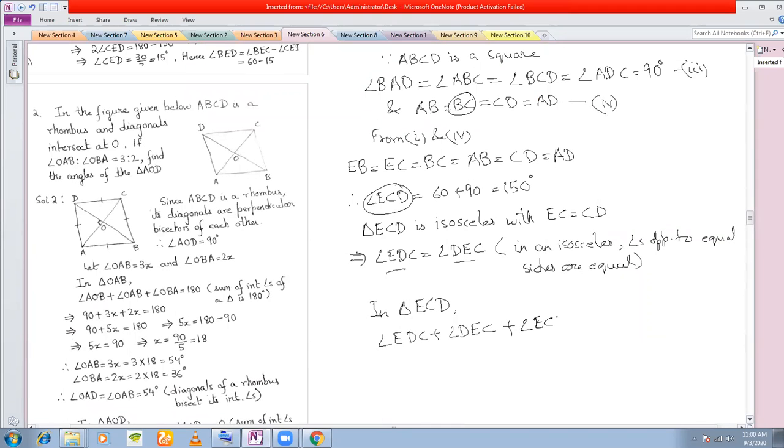Angle ECD is equal to 180 degrees, because the sum of interior angles of a triangle is 180 degrees. So that means ECD and EDC are the same.